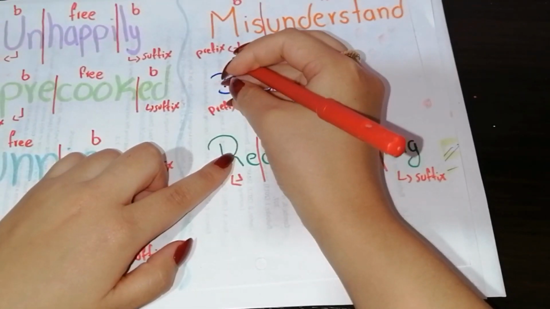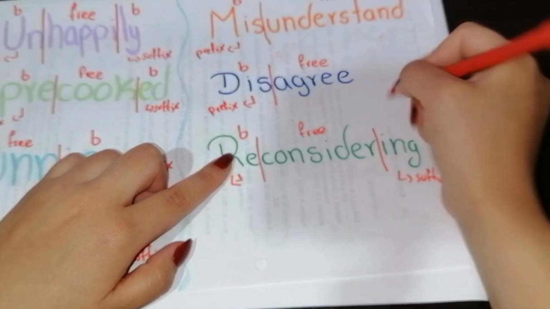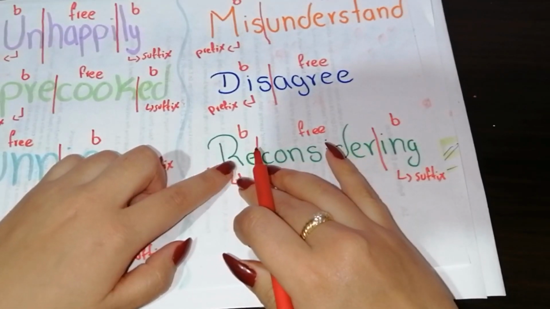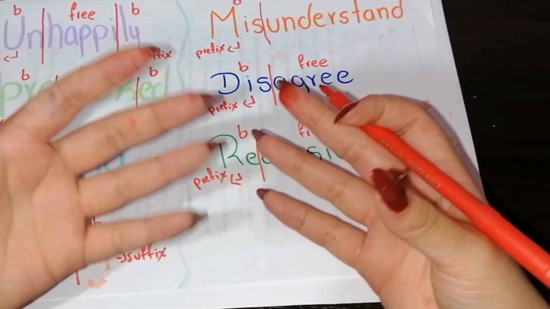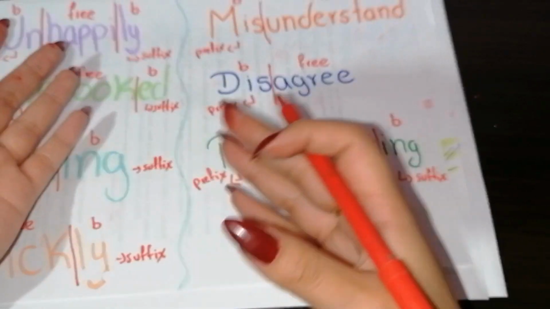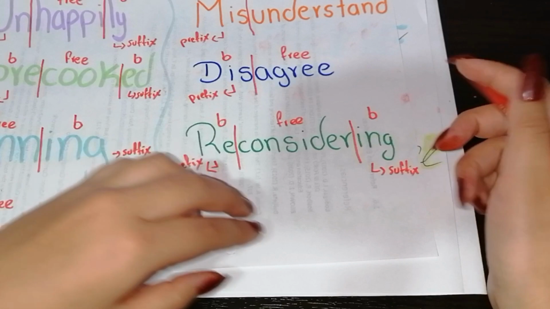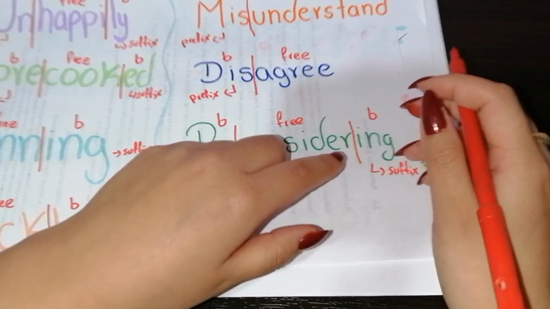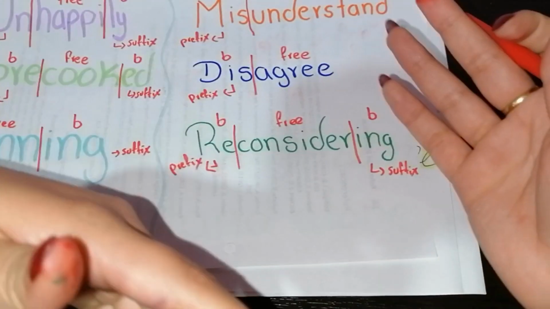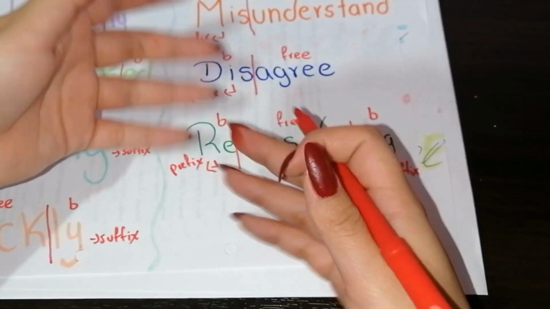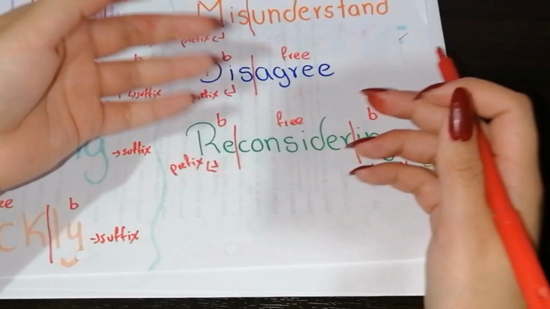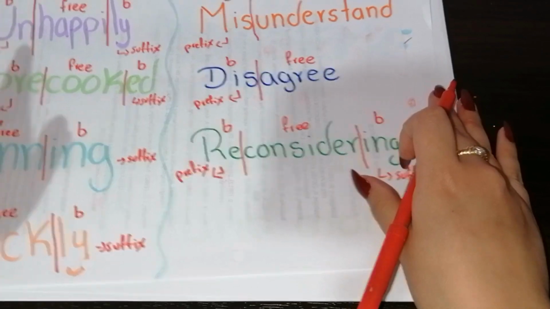Re represents the bound morpheme and also ing. In this case, re is the prefix indicating repetition or reversal, changing the meaning of consider to think again or rethink. And ing is the suffix indicating present participle, transforming consider into considering, which means currently engaging in the act of thinking about something. And that is all.